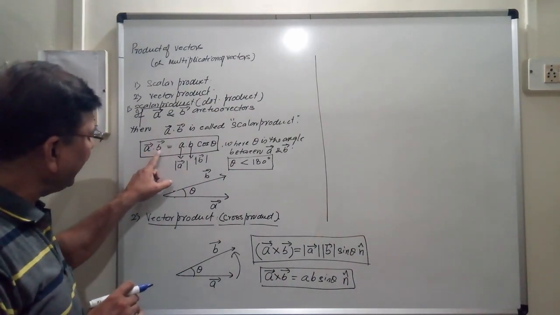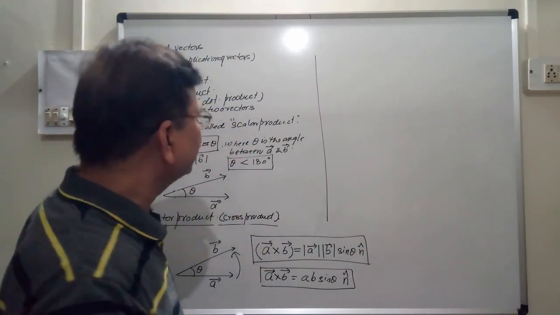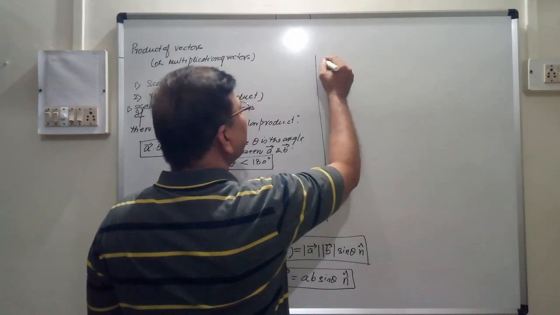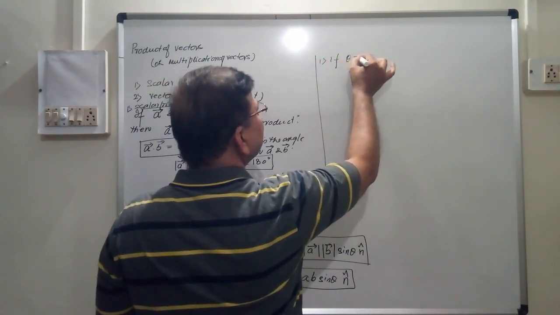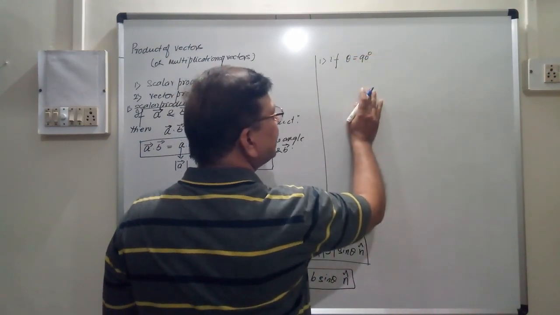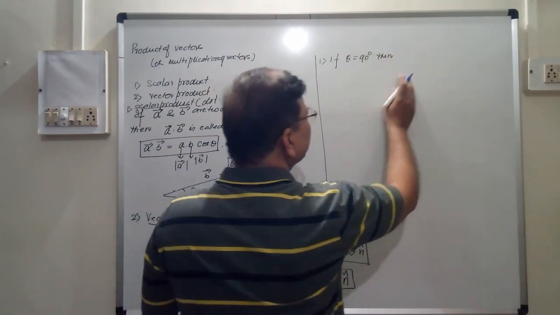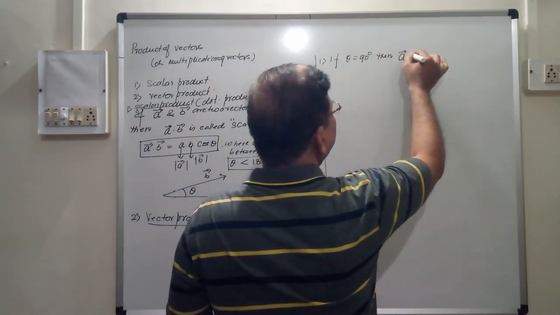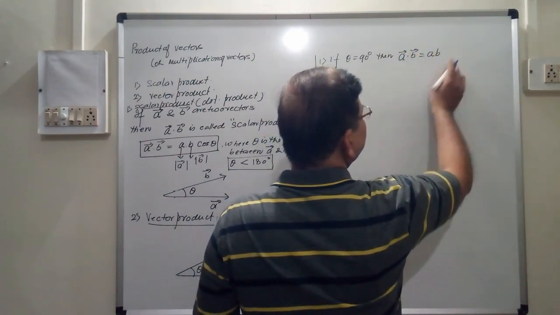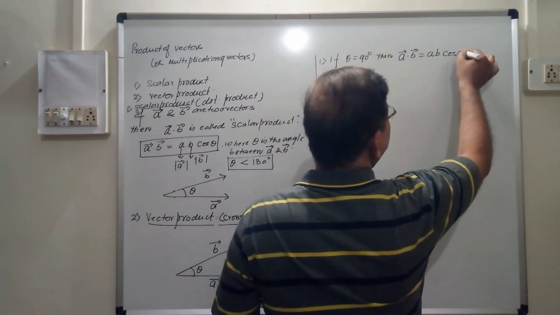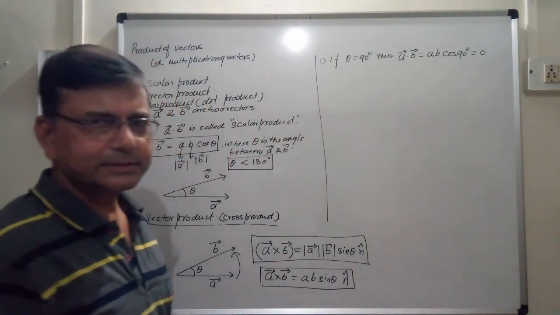If A and B, these two vectors, are perpendicular to each other, I will write over here: if theta is equal to 90 degree, then A dot B is equal to magnitude of A and magnitude of B cos 90 degree, and we know cos 90 is 0.